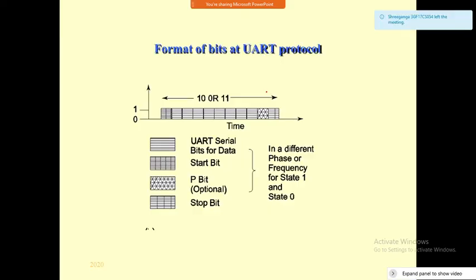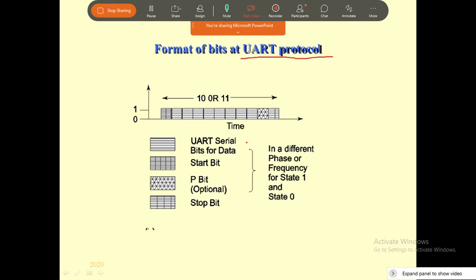See, the format of bits in the UART protocol, universal asynchronous receiver and transmitter protocol. We'll see these formats. This is a very important one. Here the first bit will be a start bit and the last bit will be a stop bit. This is fixed.